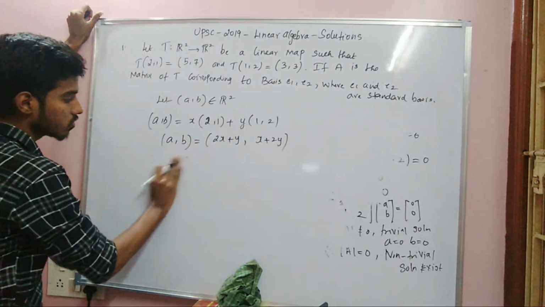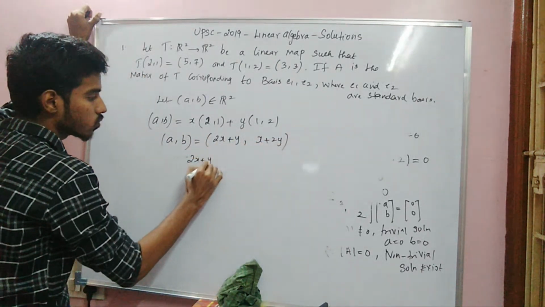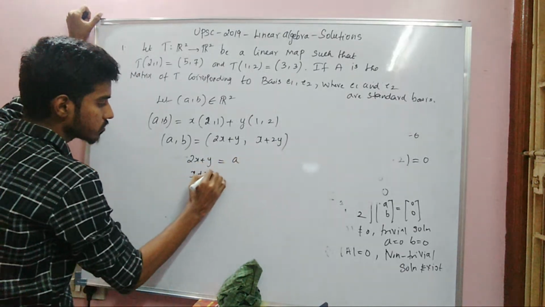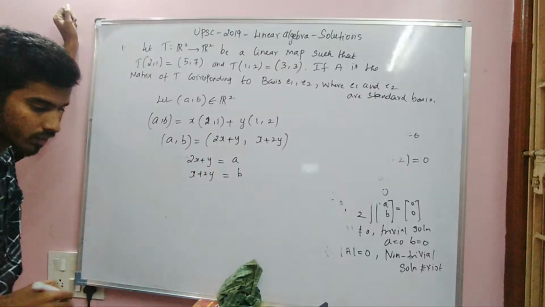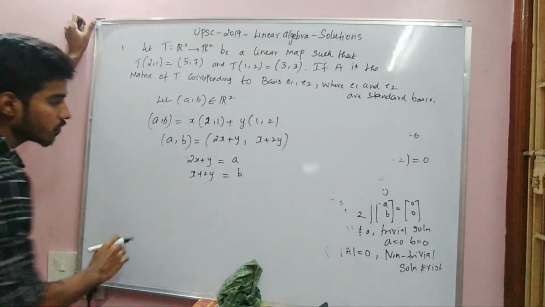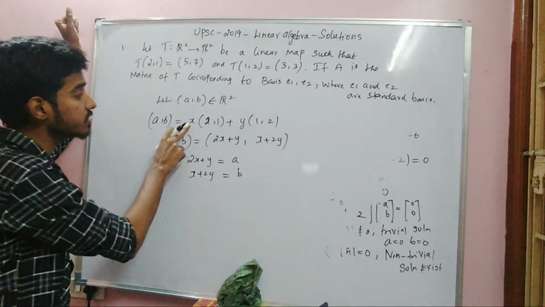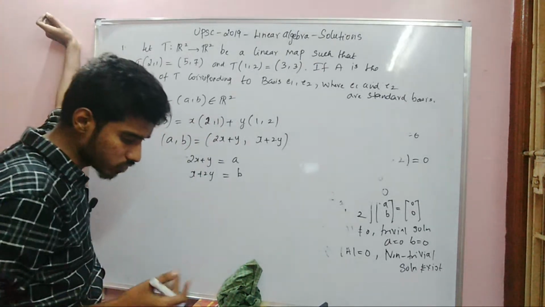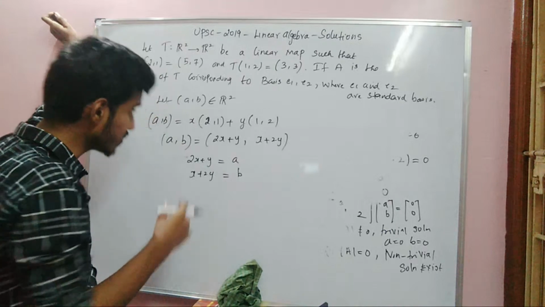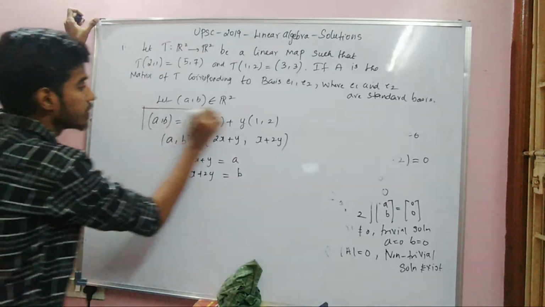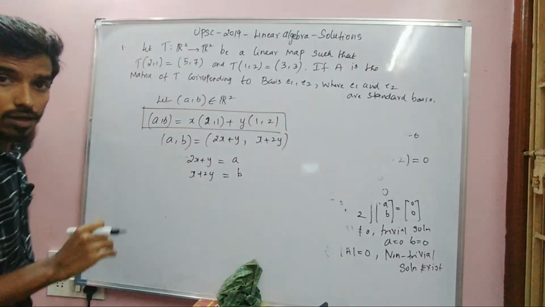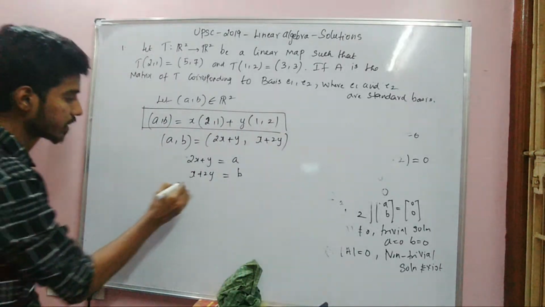That means 2x plus y is equal to a and x plus 2y is equal to b. Now we need to find the value of x and y in terms of a and b. So how can I solve this?